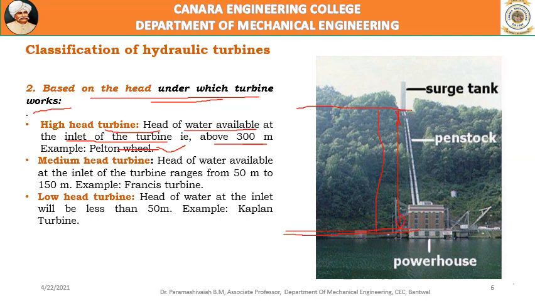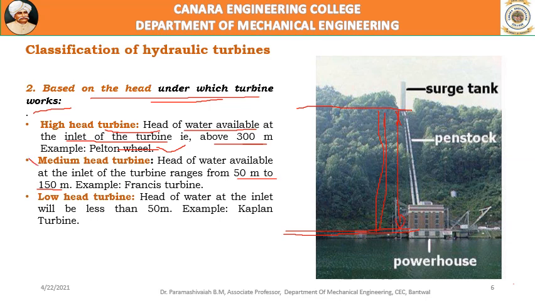Then medium head turbines. The head of water available at the inlet of the turbine ranges from 50 meters to 150 meters. If the head available is around 50 to 150 meters, then such turbines are called medium head turbines.